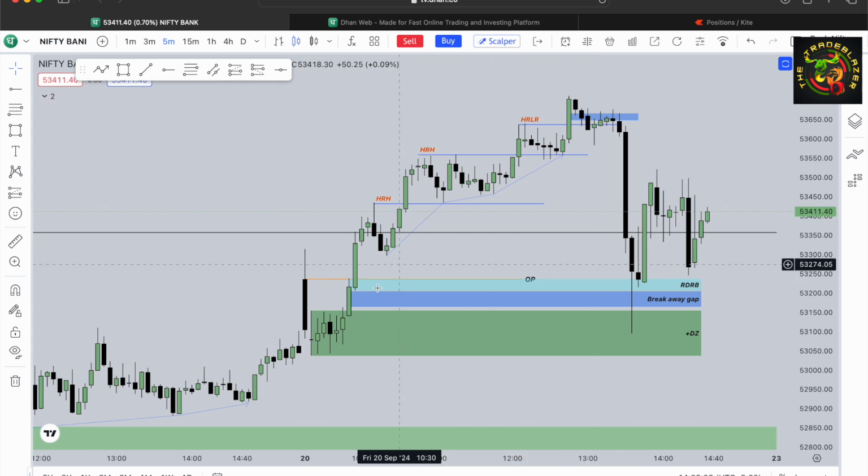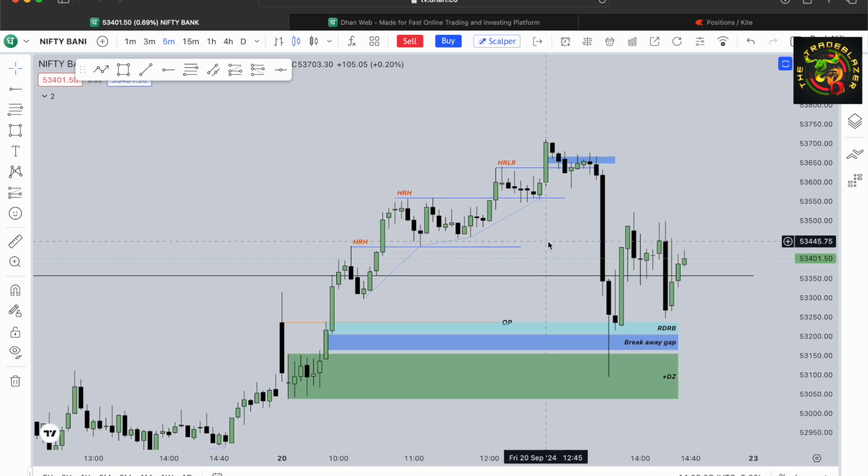And coming to my trades, since I haven't participated in this move, it was a wonderful upside move, bullish move. I was waiting for a little bit of consolidation and breakout. I just entered during this breakout over here and captured some 40 points of premium in this trade. Also, when market was trying to go down, I shorted somewhere here and then booked my profit somewhere below this wick itself.